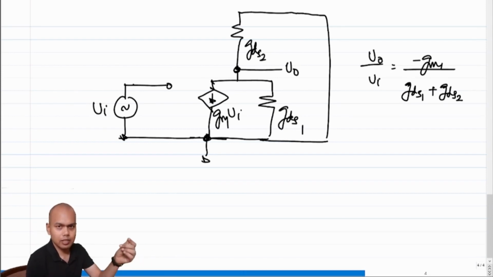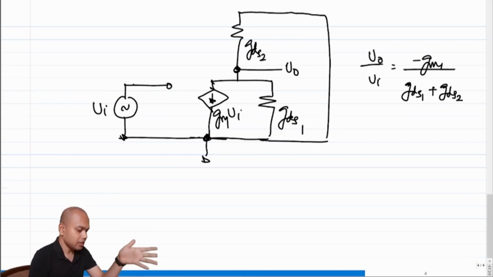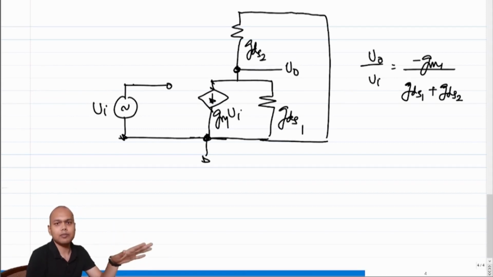I have to consider channel length modulation. However, if instead of GDS2 we had a resistance RL, and its value were much smaller with respect to the RDS of the transistor, then I could have neglected the channel length modulation. As you should remember, it's all horses for courses.